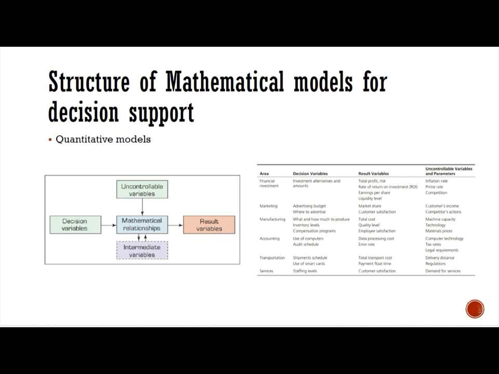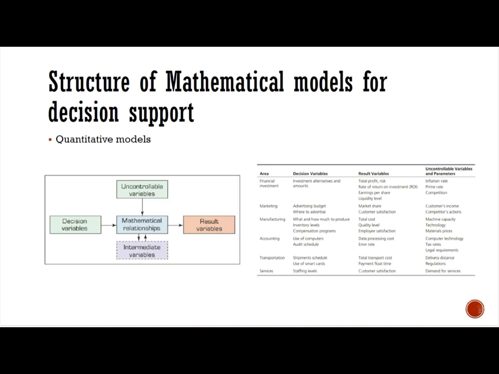As we look at the different areas, decision variables describe alternative courses of action. The decision maker controls the decision variables. For example, in investment problems, the amount to invest in bonds is a decision variable. Then there are uncontrollable variables and parameters. In any decision-making situation, there are factors that affect the result variables but are not under the control of the decision maker.